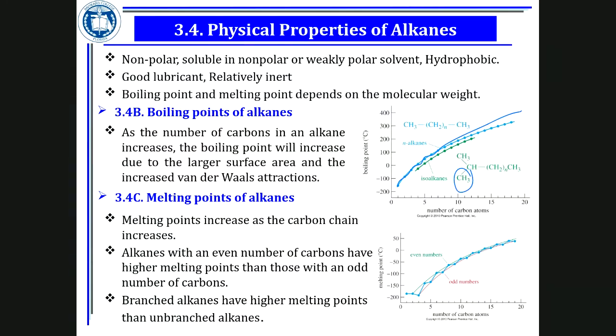So the branch is compared with the no branch. Melting point is compared for the alkane, and interestingly, if the number of carbons is odd or even, they are slightly different. And in general, the greater the number of carbons per molecule, the greater the melting point is going to be.